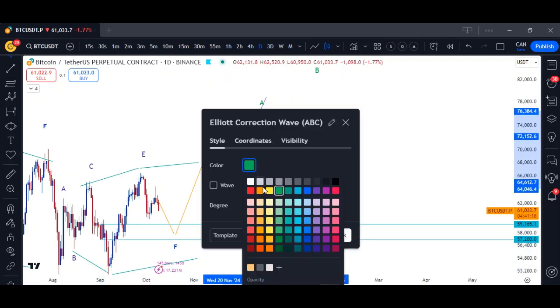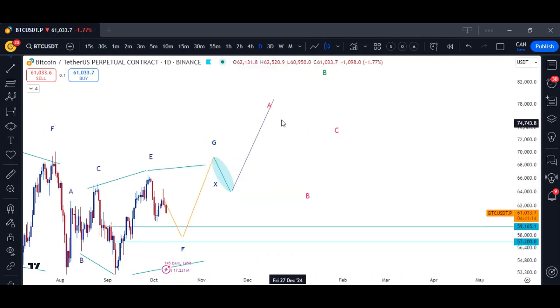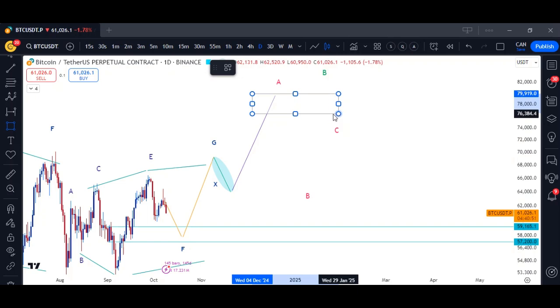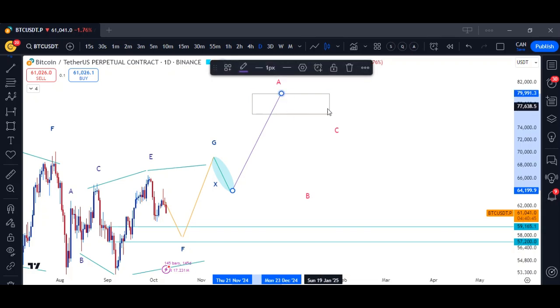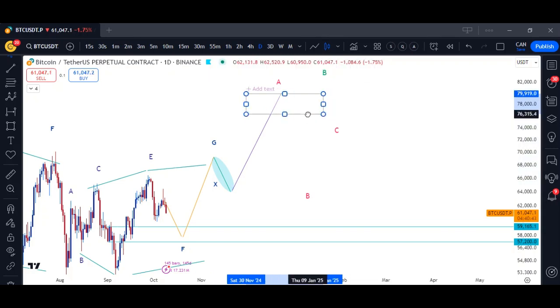Now, this could get really tricky, because all the institutions could actually drive the price all the way up here. Let me just change the color here so we don't get mistaken. Okay, all the institutions could bring the price all the way up here in order to show their power and trap a lot of people, because we think price will not have enough momentum to go higher than 79K.